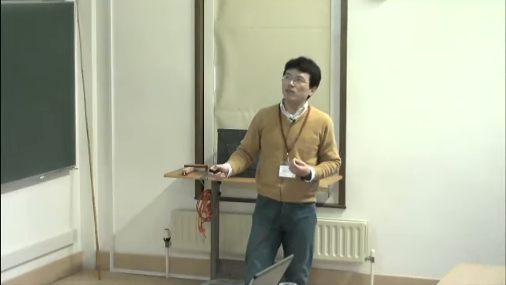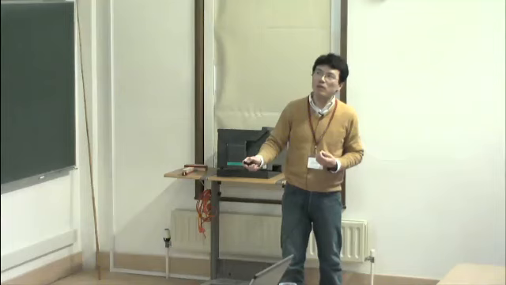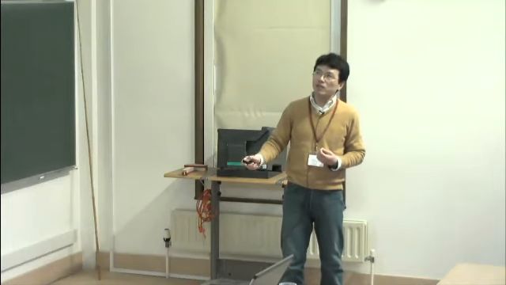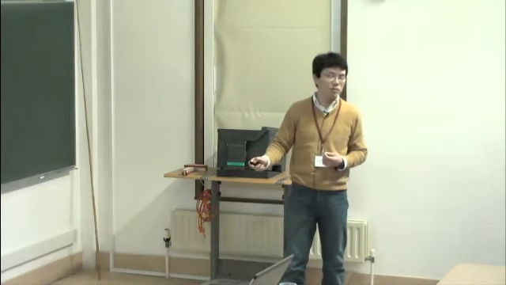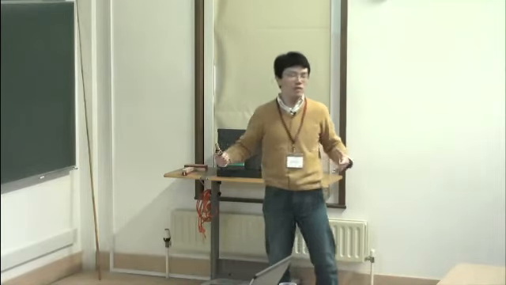And last, the running time of A on this instance is not polynomially bounded in s, or super polynomial in s, because alpha s can be computed from 1^s in polynomial time. This implies the running time is not polynomially bounded in the length of alpha s either. So this says that I can generate a sequence of instances to witness the super polynomial time behavior of your algorithm.